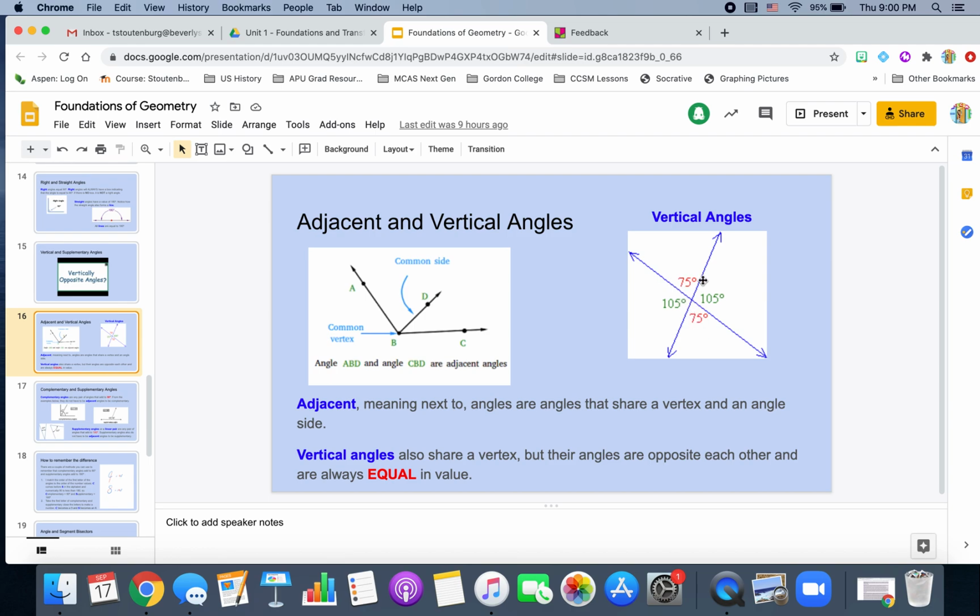You'll notice here that these two angles share a vertex and they're opposite to one another. Think of it as the opposite sides of an X. So the two angles that are measured at 75 degrees are vertical, and consequently the larger obtuse angles at 105 degrees are also vertical angles.